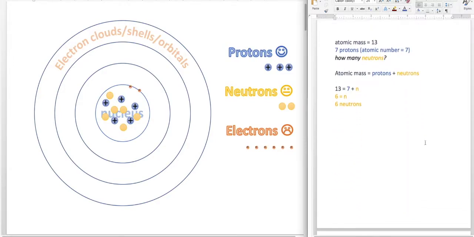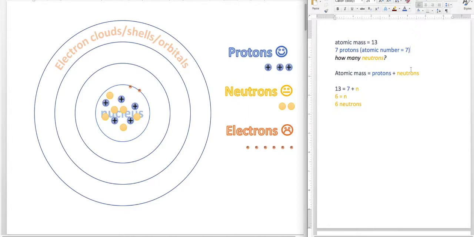Sometimes the questions are worded differently. If they told you, for example, that your atomic mass was 13, and they either told you that you have 7 protons or that your atomic number is 7, which is 2 different ways of saying the same thing. If the atomic number is 7, then you have to have 7 protons. And then they ask you how many neutrons you have.